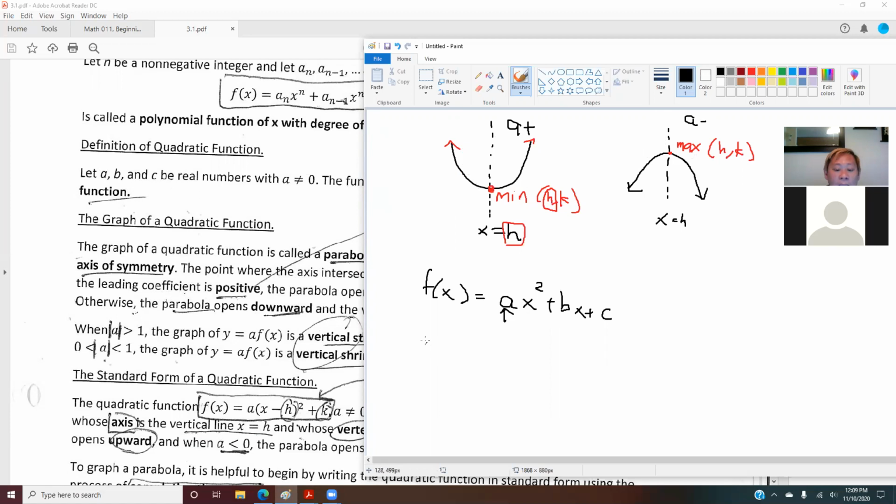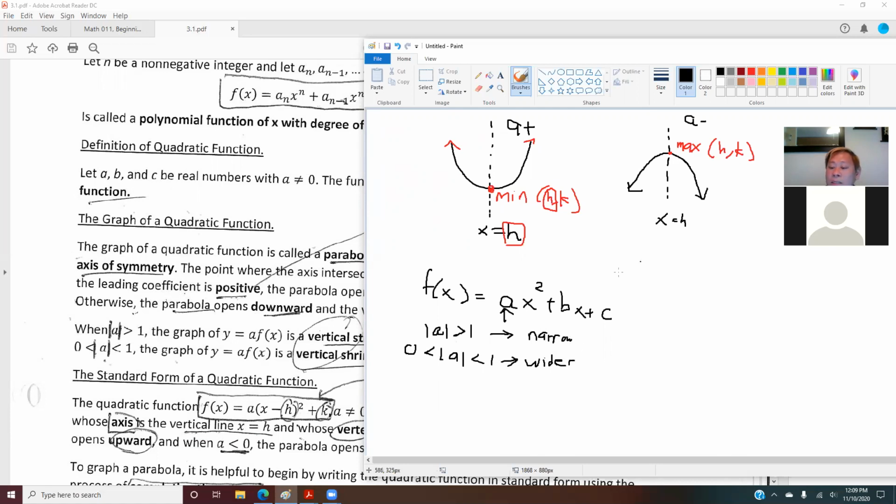And the a also will tell us how narrow or how wide it gets, because a in this case is your vertical stretch. So if the absolute value of a is greater than 1, this is going to be a narrow graph. And if your absolute value of a is between 0 and 1, then this graph will become wider.